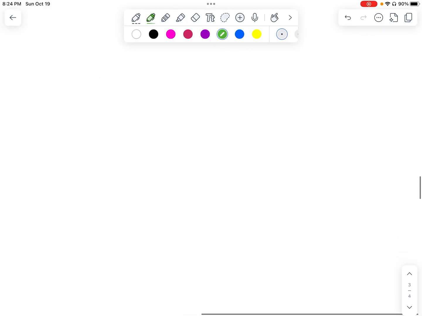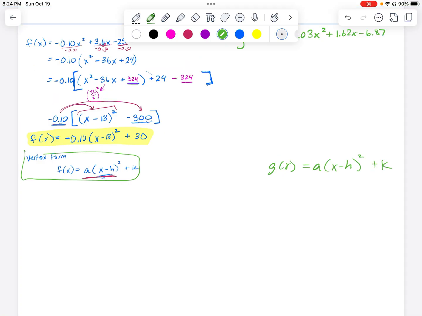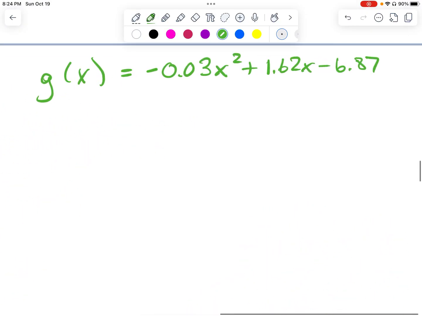Again, our goal is to make it look like this. So our goal is to look like something with an a in front, a perfect square here, and then a constant at the end. And our hint again is to take out the common GCF. So that is this thing right here. That's our GCF. So I'm going to factor that out.